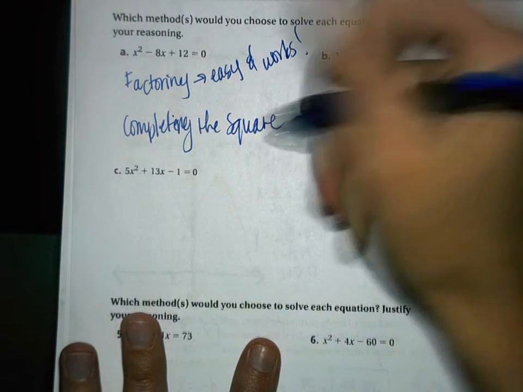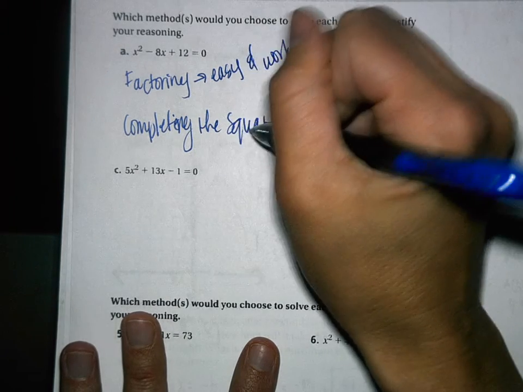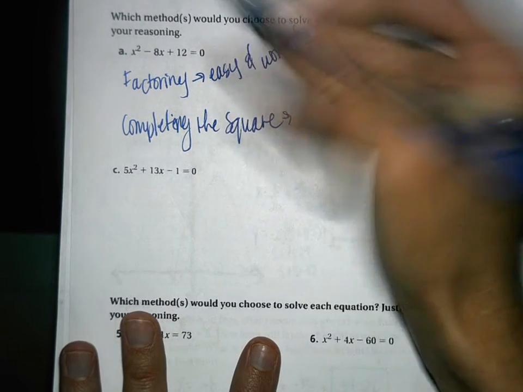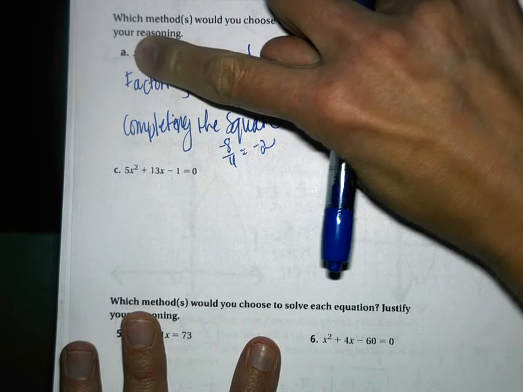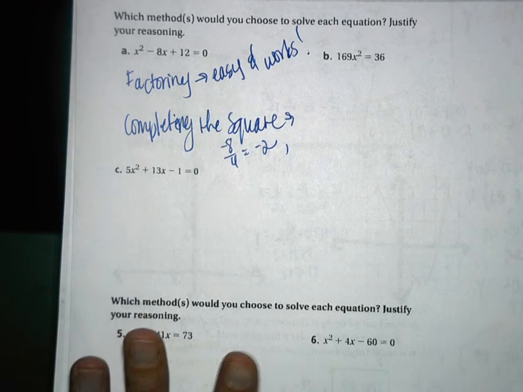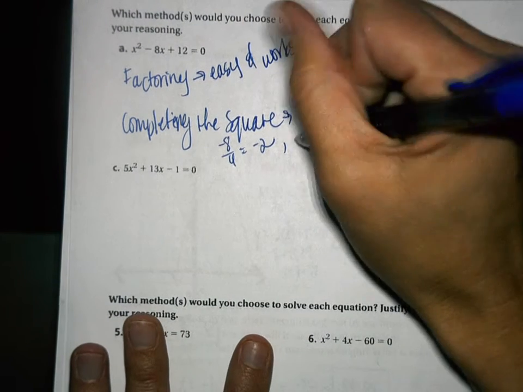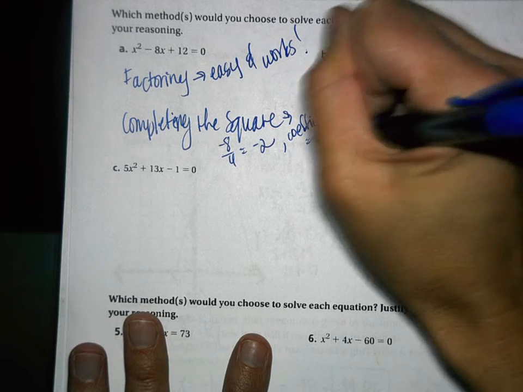Okay, why would you use completing the square? Yeah, because you can go -8 divided by 4 equals -2, and the coefficient in front is 1. Was somebody going to say something? No? And then I'm going to put coefficient equals 1.